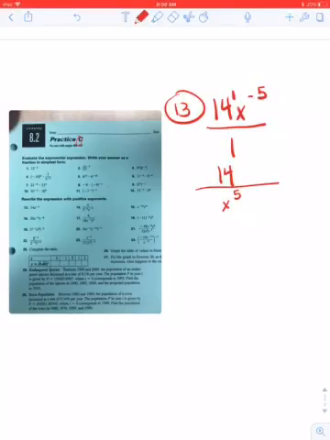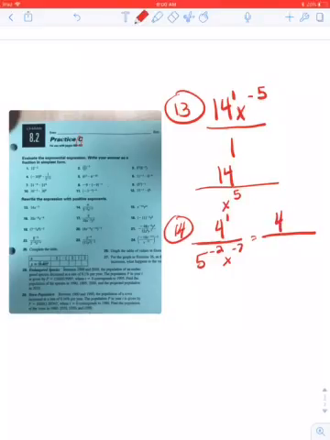Okay, let's do 14, which says 4 over 5 to the negative 2, x to the negative 7. So, okay, what gets to stay and what has to go? 4 to the first gets to stay. These two are the negative exponents, so they have to go.